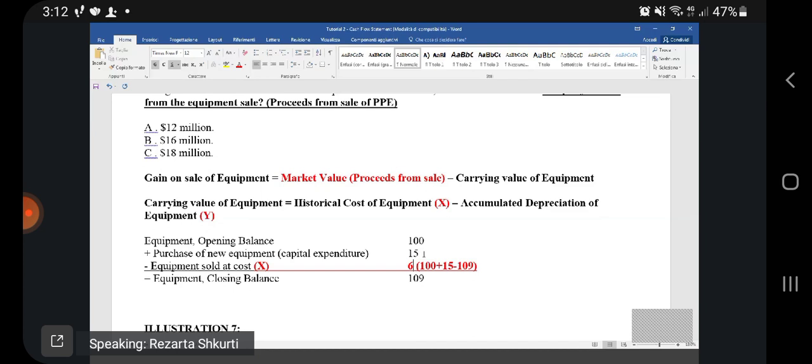Now, all the equipment that we have in our factory, usually we increase them by purchasing new equipment and we decrease by selling the existing one. We know the value of the purchases that we have made, the capital expenditure. The only thing that we didn't know was how much the piece of equipment that I sold cost. In order for the account of equipment to be balanced, we credit this account with a value of 6. So it will be in balance.